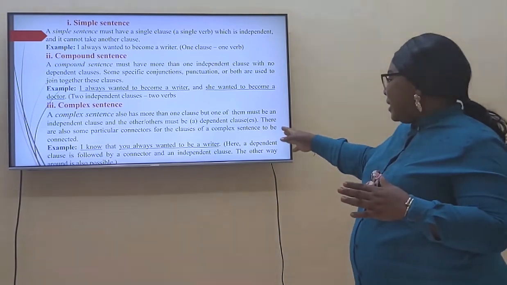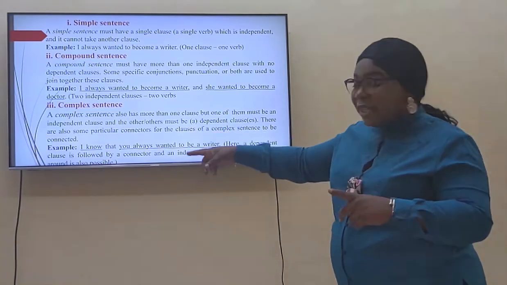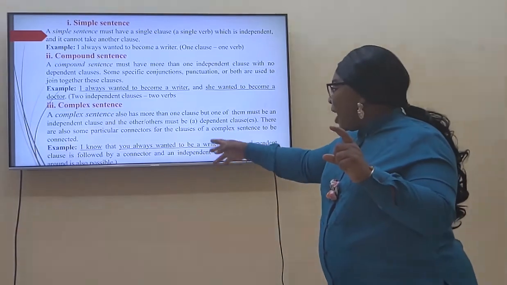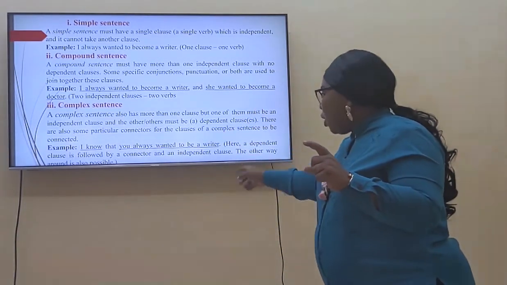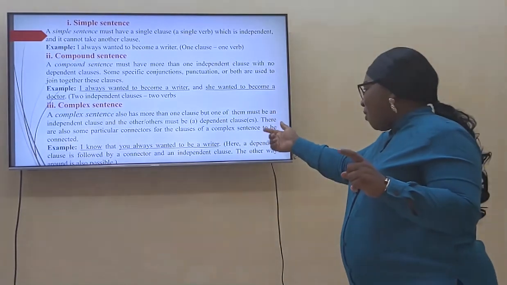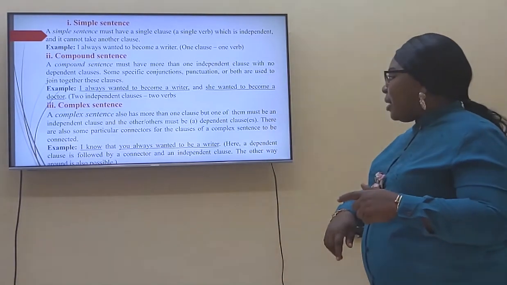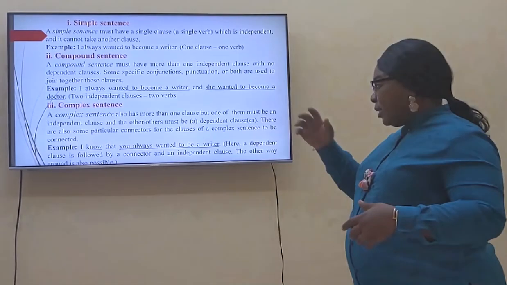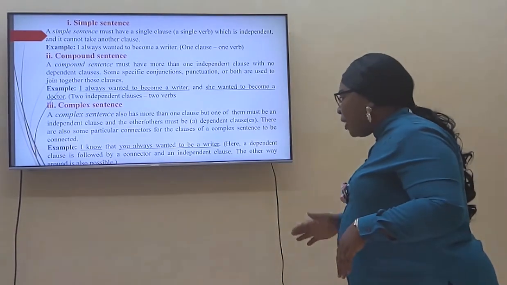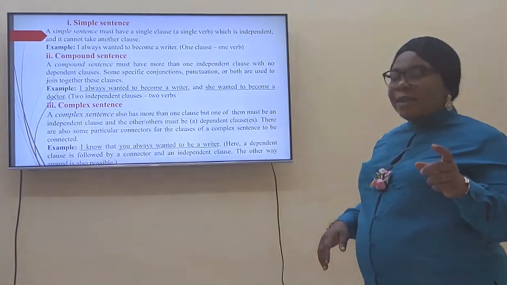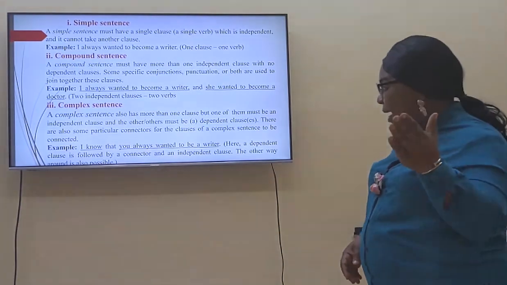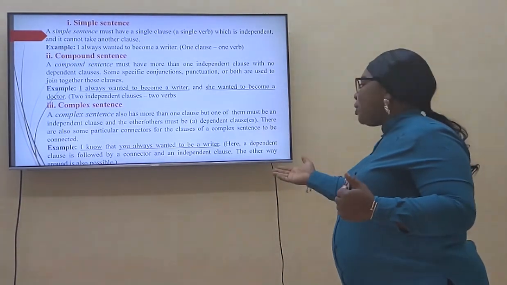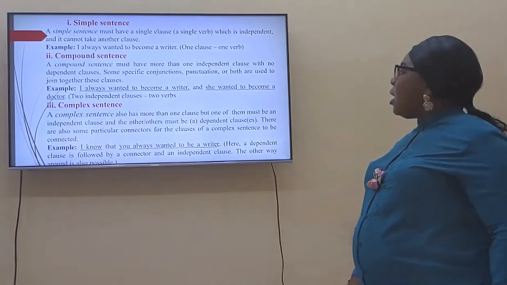Now look at this sentence here, a dependent clause, which is I know, is followed by a connector, that, right? And an independent clause, you always wanted to be a writer. So the other way around is also possible. Alright, to say, I know you always wanted to be a writer, but the that there is a connector, connecting I know, which is a dependent clause, to you always wanted to be a writer, which is an independent clause.